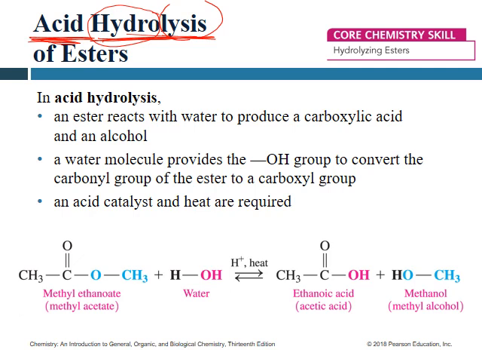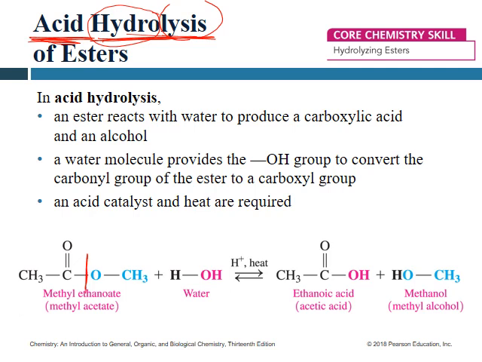So this is my ester example. This is methyl ethanoate, so CH3COOCH3. So I see this is an ester. In presence of water, water is HOH. What do we want to produce? We want to produce a carboxylic acid and alcohol, right? How would we break this? Remember, you're just doing the opposite. So what did we do there? We broke it right here.